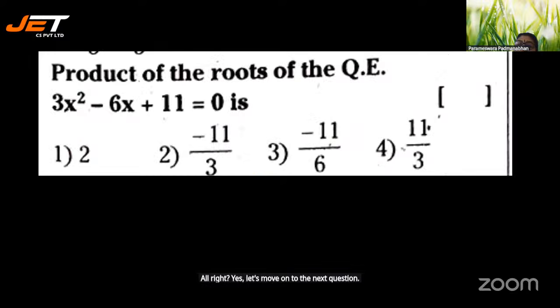Product of the roots of the quadratic equation. So what is the product? Alpha beta, isn't it? So what is the product rule? It is C by A. That is, C is this by A. All right. Just a second, student.